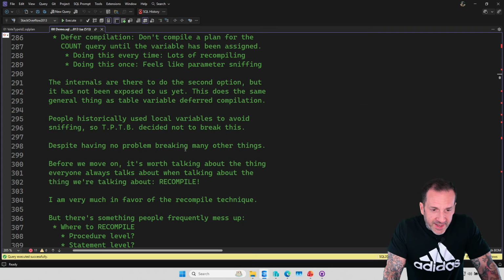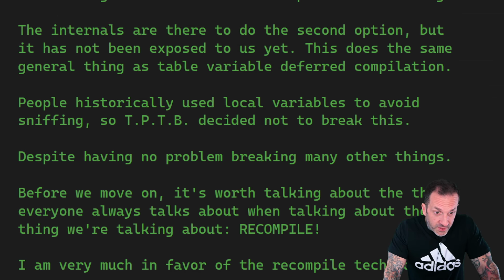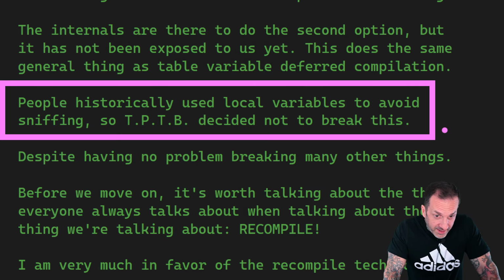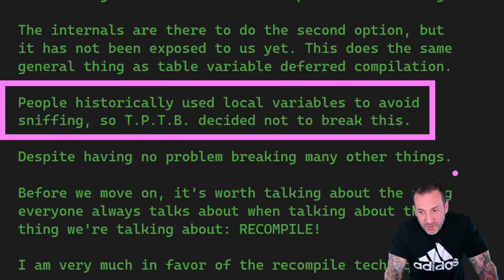But like I said, since people historically have used local variables to avoid that, the powers that be have decided not to break this behavior for them. This of course could be introduced with some sort of database scoped configuration or query hint or something, but we just don't have access to that yet.